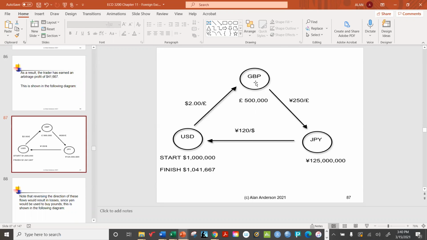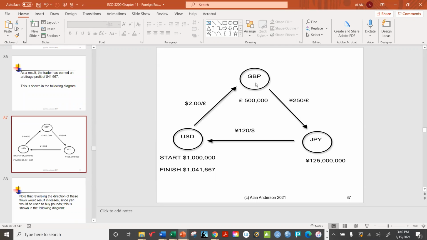All right, so remember, we did say that we're starting with $1 million in the United States. And remember the quotes we were given, $2 per pound, 250 yen per pound, and 120 yen per dollar. So if I start with $1 million in the United States, I can convert those into pounds.